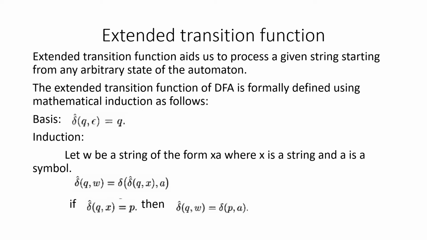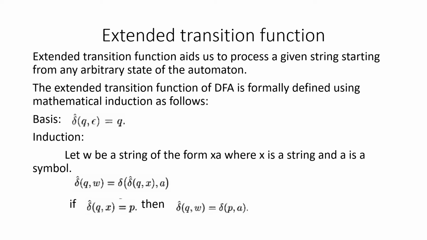What happens if, instead of passing an input symbol, I pass a string as an input? We know what a string is. A string is nothing but a collection of characters, right? So actually the transition function is defined for processing one input symbol. If I want to extend that existing transition function to process a string, then we call that an extended transition function.